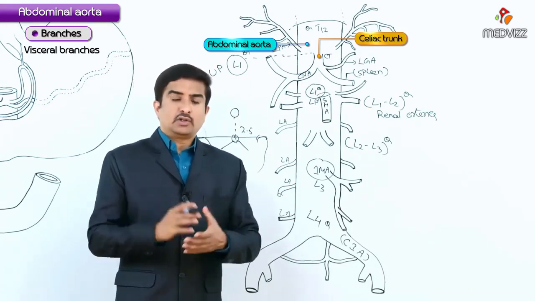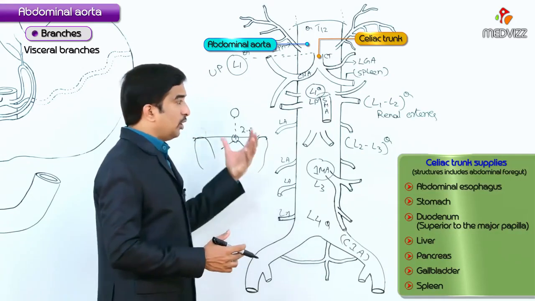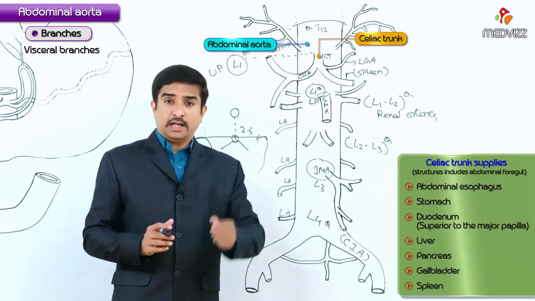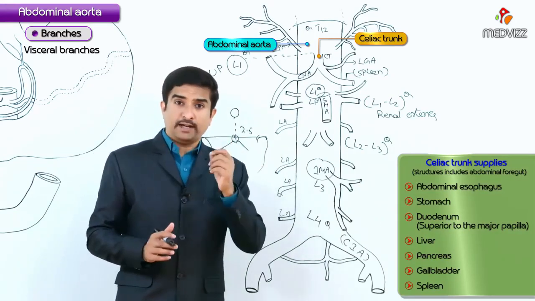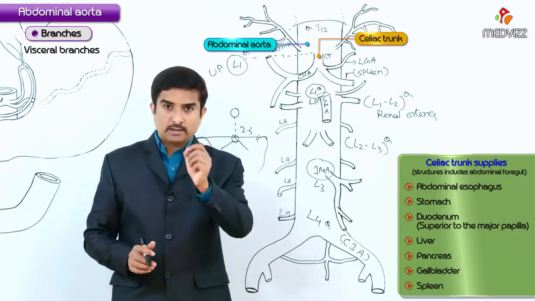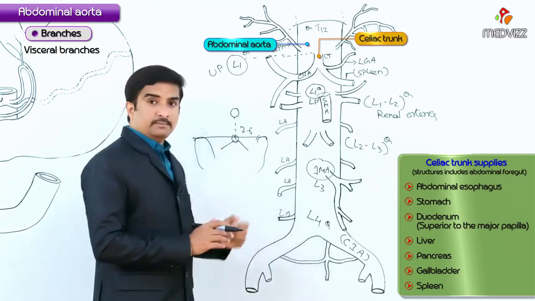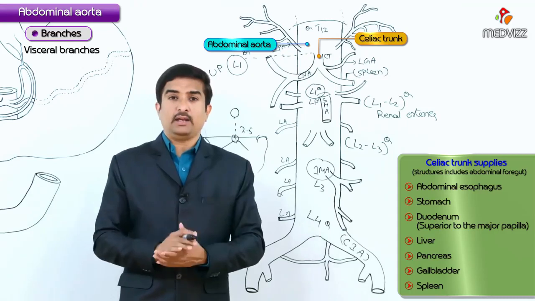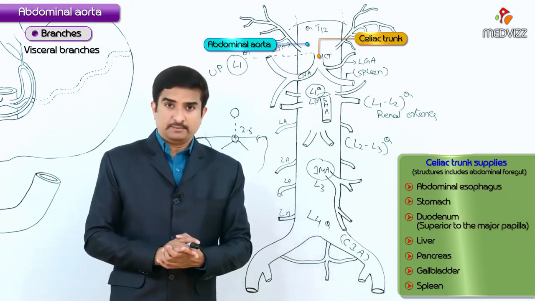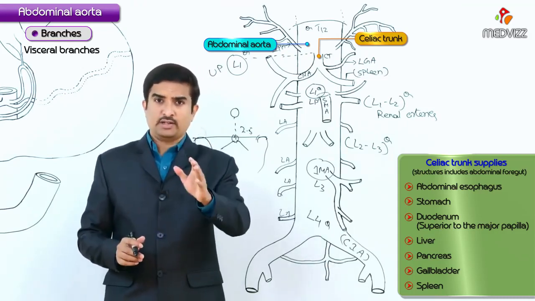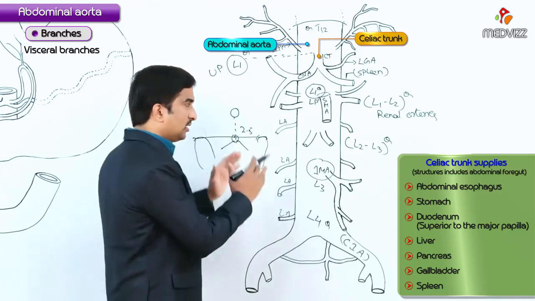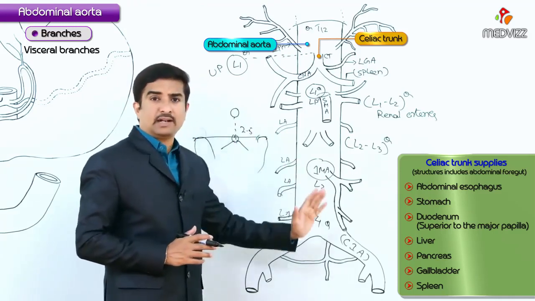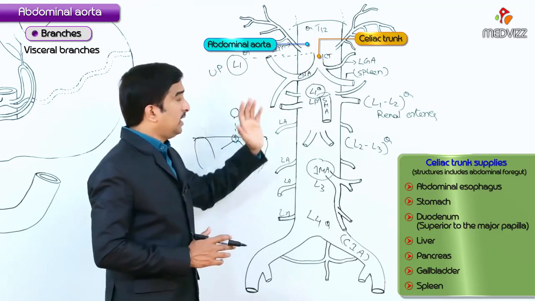What are the structures which include this abdominal foregut? It includes the abdominal part of the esophagus, stomach, duodenum that is superior to the major duodenal papilla, liver, pancreas, gallbladder. All these are related to the abdominal foregut and supplied by the celiac trunk.